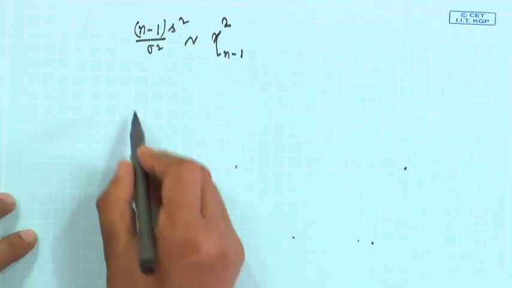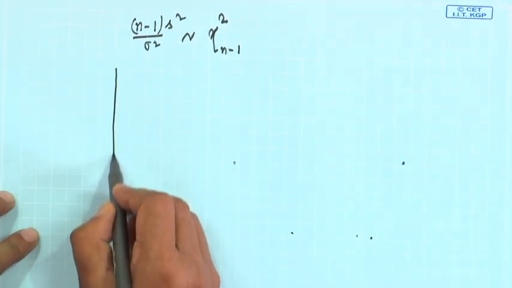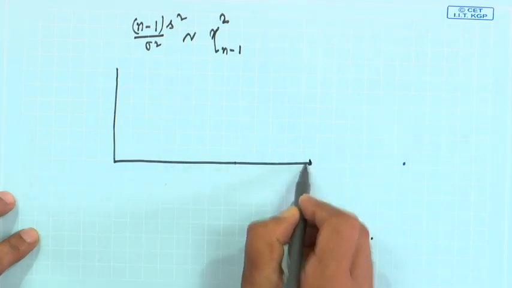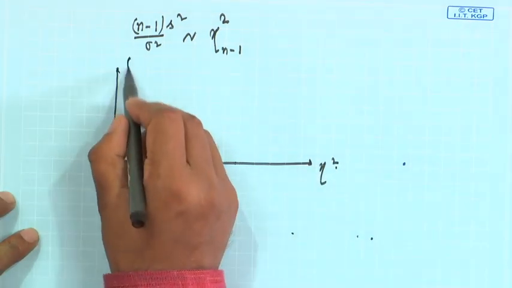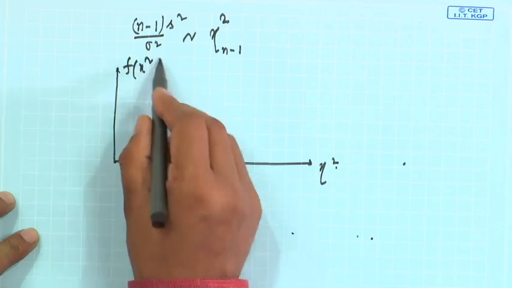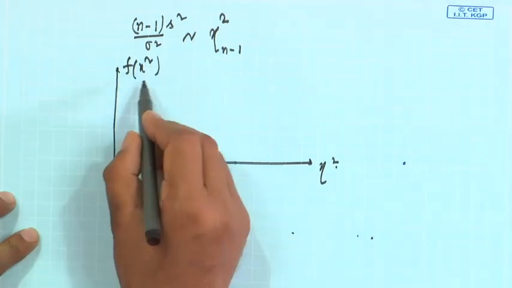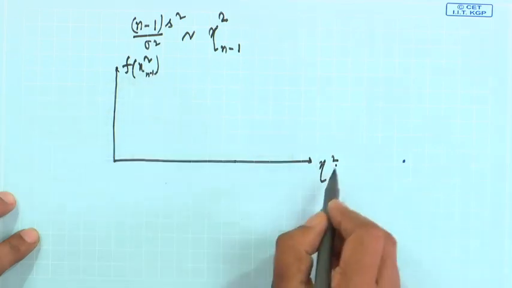Now, you assume that this is the theoretical chi-square distribution. This is the PDF of chi-square with n minus 1 degrees of freedom.